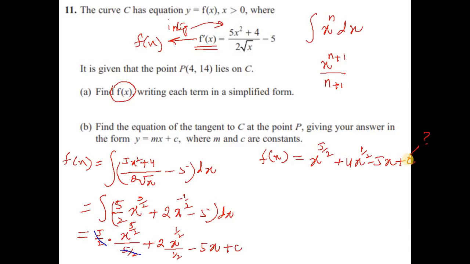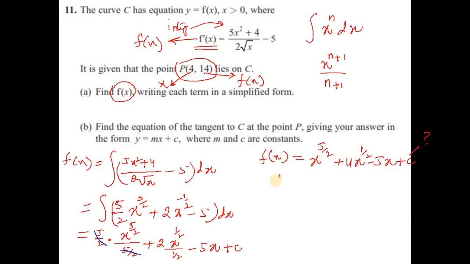For this purpose, we are given that the curve C is passing through this point. So that means this 4 is the value of x, and this 14 is f of x, or f of 4. So if I replace x with 4, f of 4 should be 14.